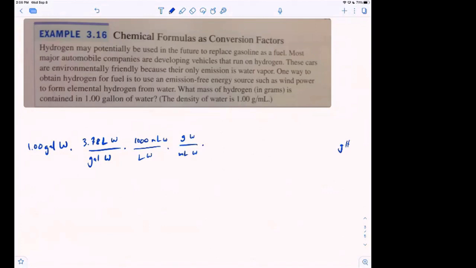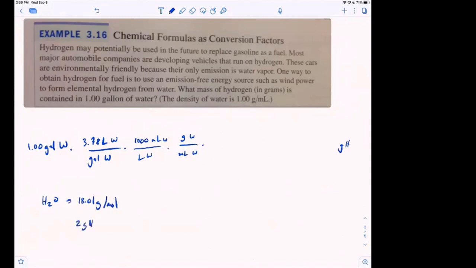Now we had mentioned conversion before. So water, H2O, is going to be 18.01 grams per mole. And there are 2 grams hydrogen.